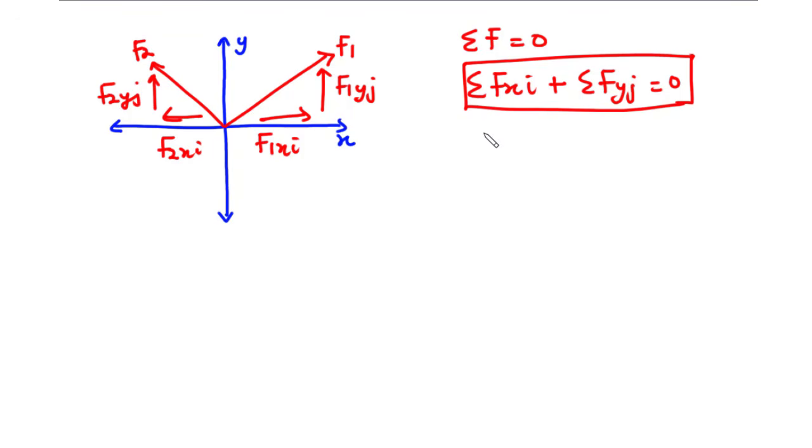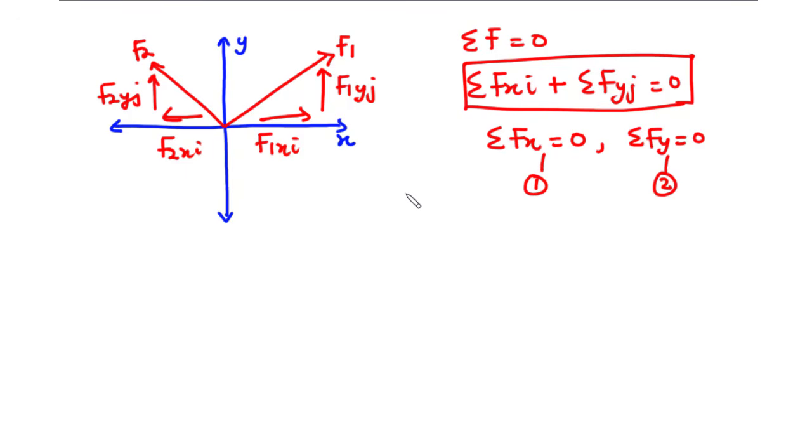And for this vector equation to be satisfied, the x and y component forces must all be equal to 0. That is, the summation of Fx should be equal to 0, as well as the summation of Fy must also be equal to 0.